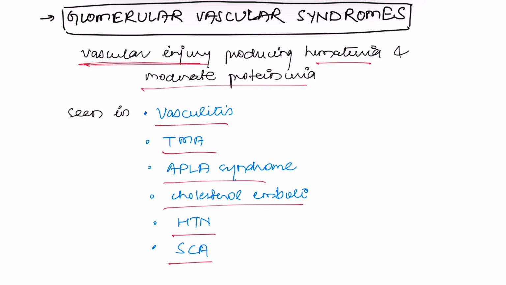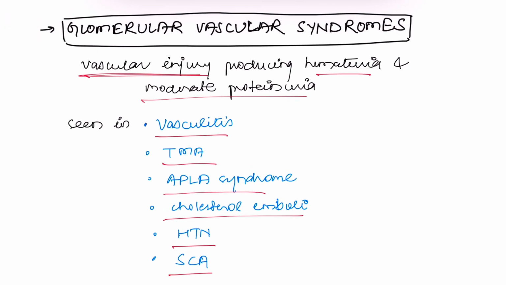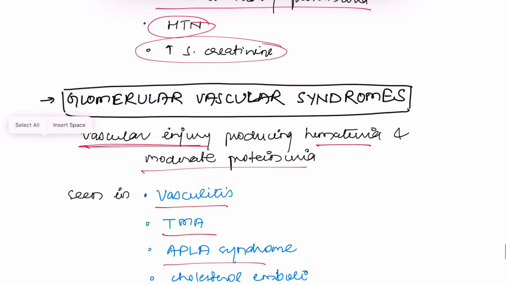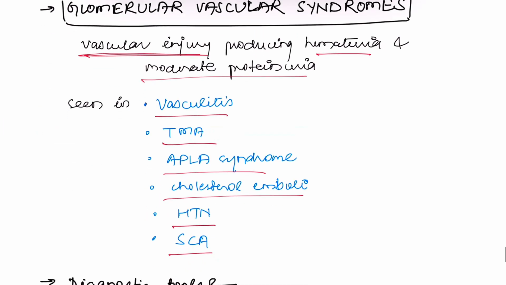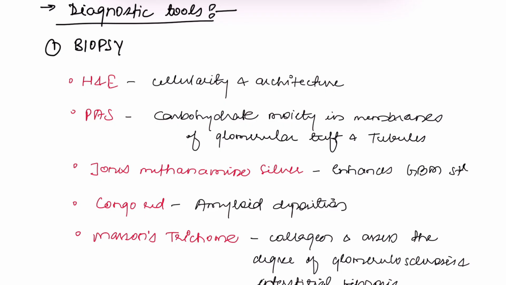So you should remember these also, because you must be able to differentiate these from the pathologies that primarily cause inflammation, scarring, and all these features to the nephrons, to the glomerulus, and to the tubular interstitium. So this is how you can remember this unit: these are glomerular vascular syndromes, which are primarily due to involvement of your vascular structures.